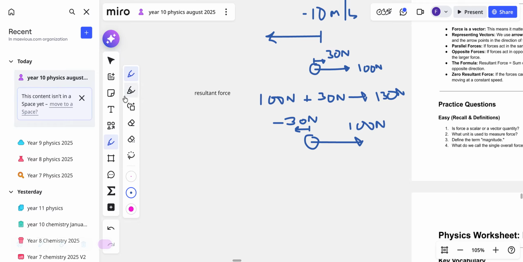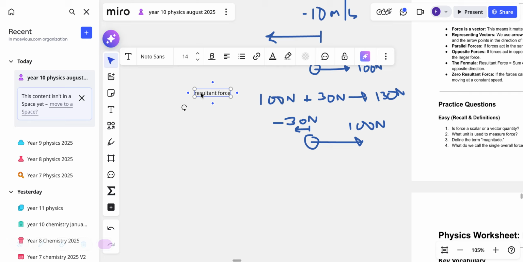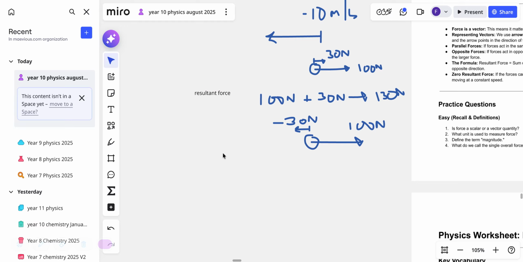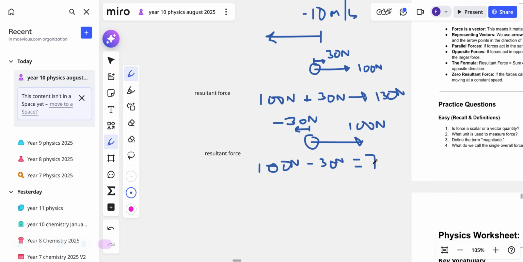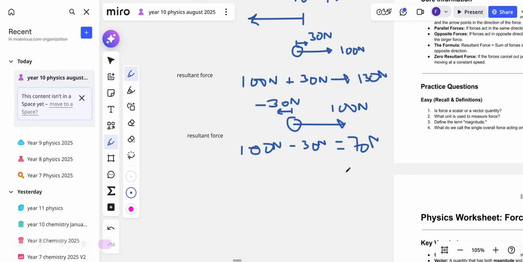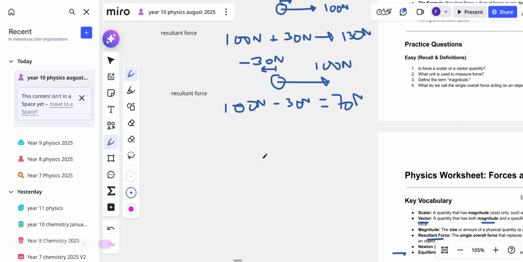So what we had was a resultant force of 100 newtons minus 30 newtons, giving us 70 newtons. And that's the resultant force. And we know the direction is a positive number, so it's to the right.